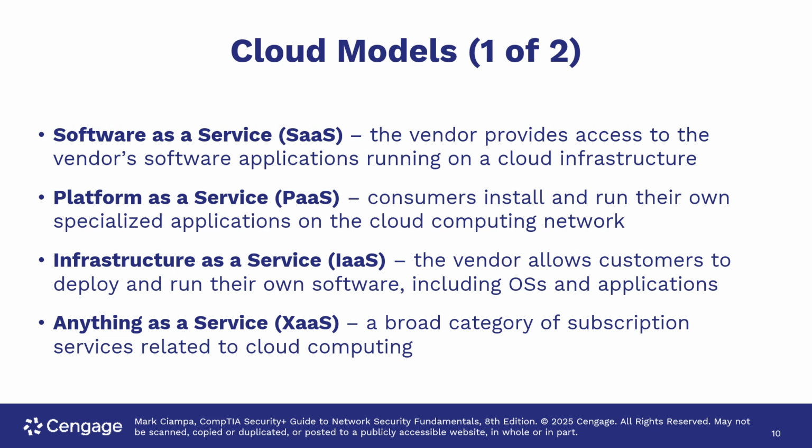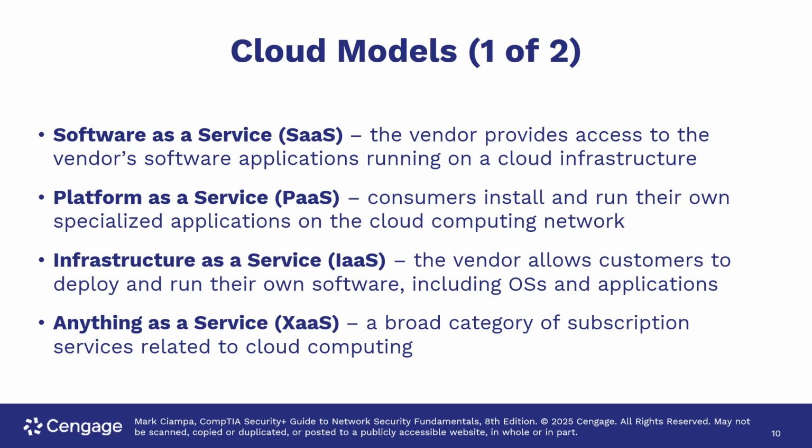So you have your cloud models. You have software as a service, platform as a service, infrastructure as a service, and anything as a service. And these are important as we address them. Software as a service is where the vendor provides access to the vendor's software applications running on a cloud infrastructure.